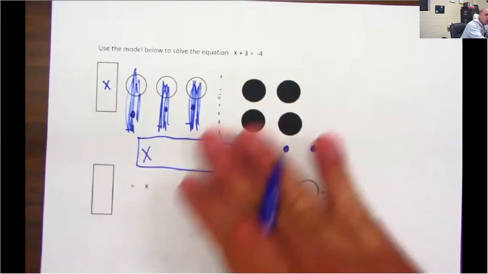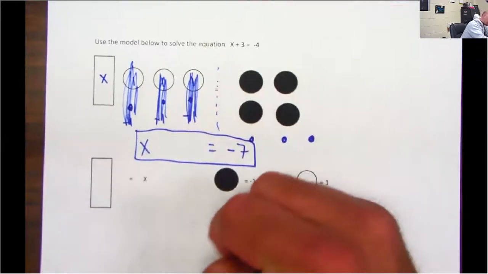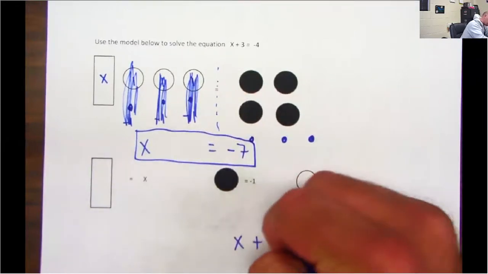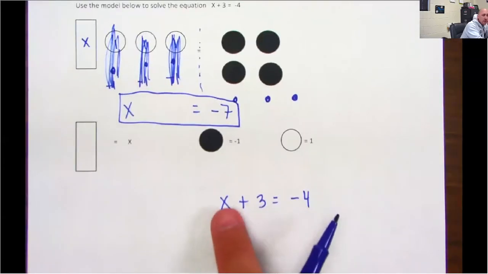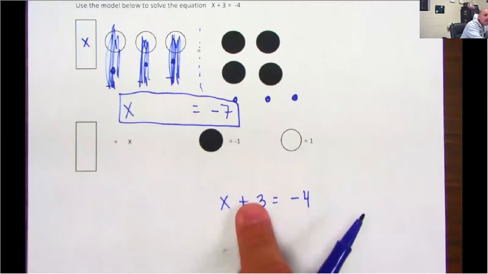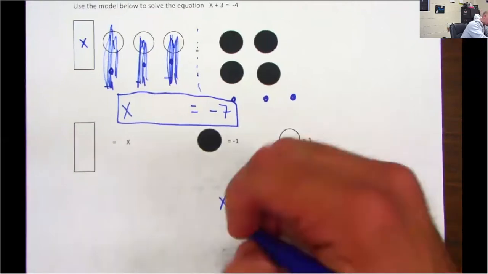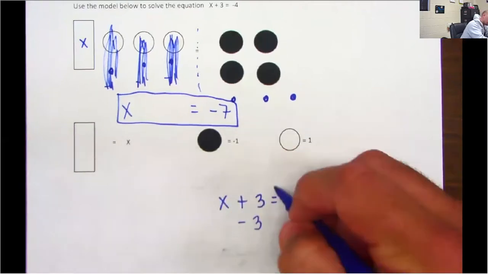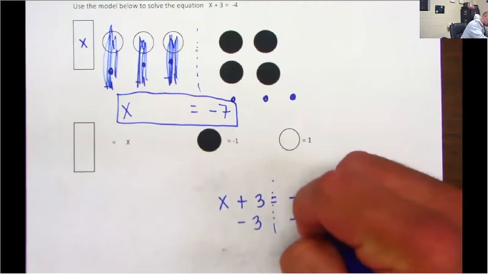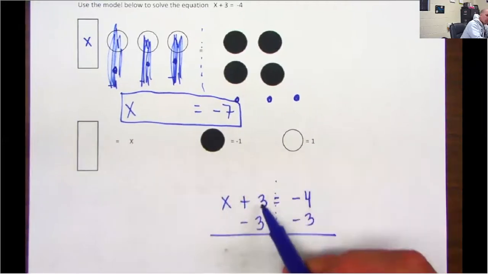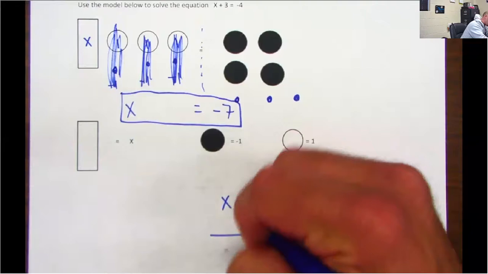Now, again, if you don't like the model, let's check it out mathematically. Isolate the variable. We're trying to get the letter by itself. The inverse of adding 3 is to subtract 3. Again, what you do to one side, do to the other. 3 take away 3, zeros out.